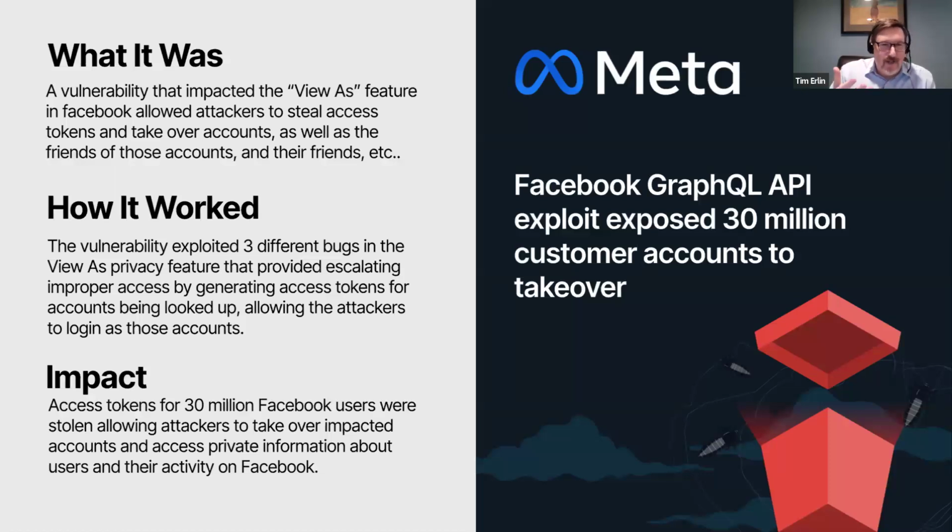It allowed for escalation of access and generation of access tokens for the accounts that were being looked up, and then the attackers could log into those accounts with the access tokens they had generated. As I noted, the impact here was 30 million Facebook users and account takeover of those accounts. Account takeover is a huge issue that people worry about, and it applies to GraphQL as it does to other protocols as well. So a clear incident with GraphQL in particular.